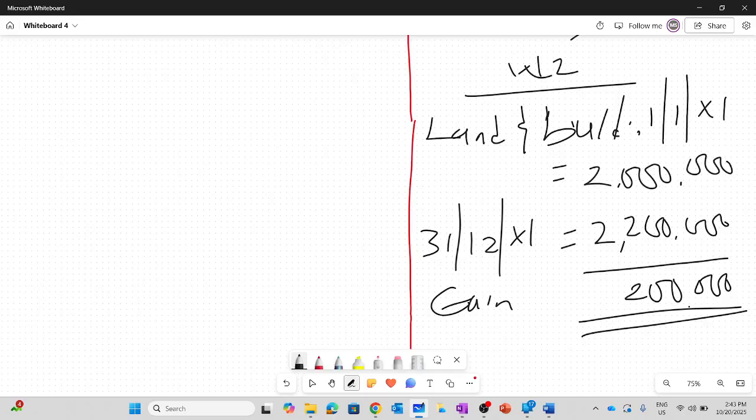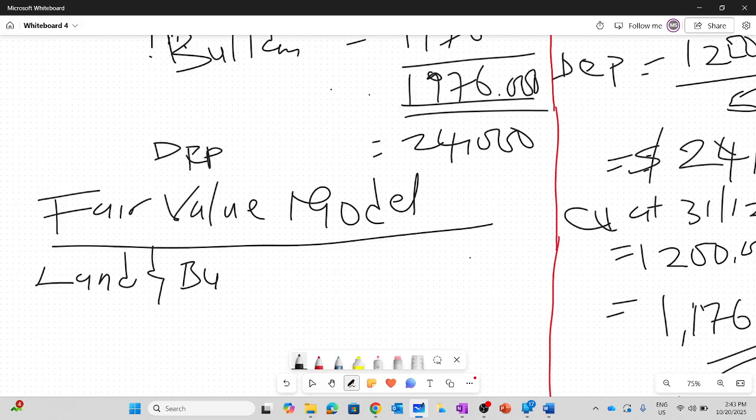So under the fair value model, the land and building equals 2,200, while the gain on fair value equals 200.